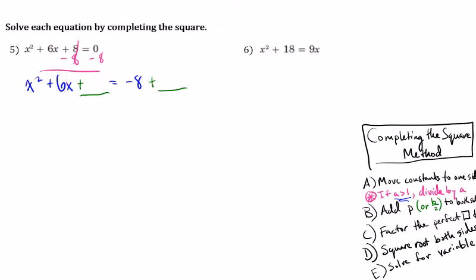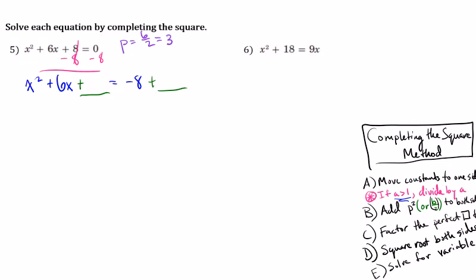I messed up over here. I should add p squared to both sides, or b over 2 squared. So that's what I want to do, add p squared to both sides. I know that p is going to be 6 over 2, so I take b over 2, and that equals 3.